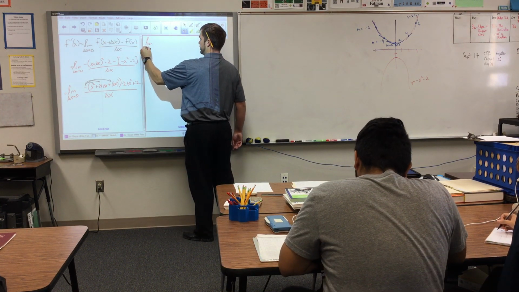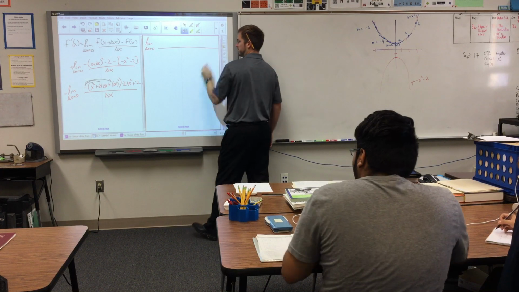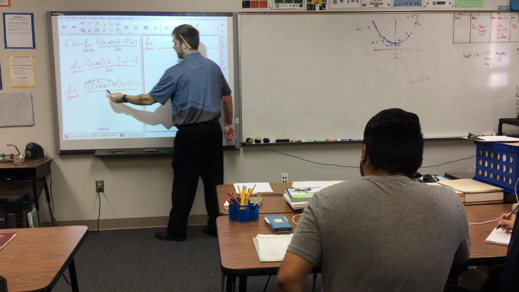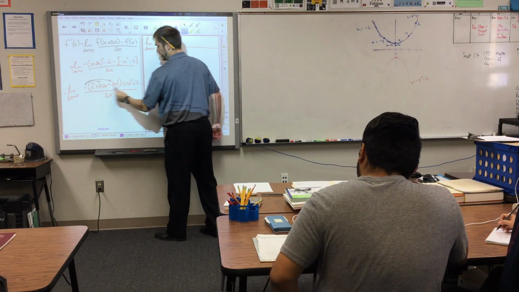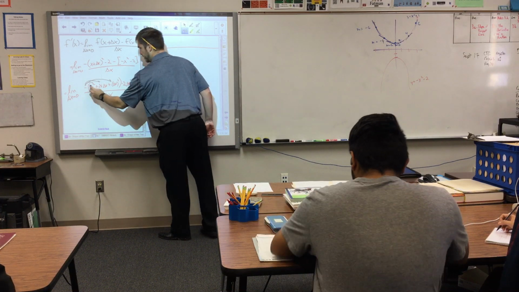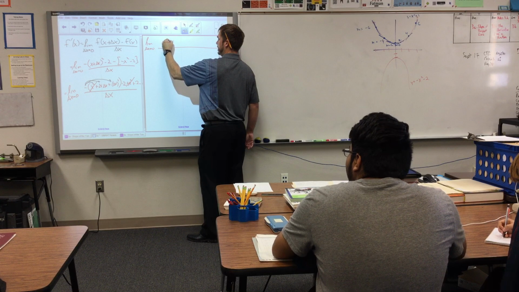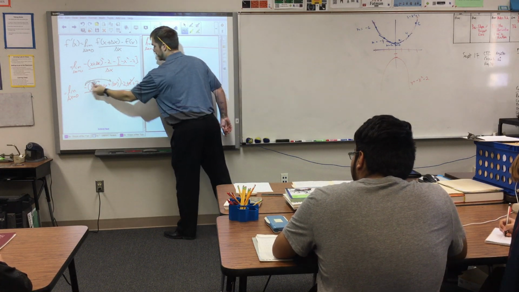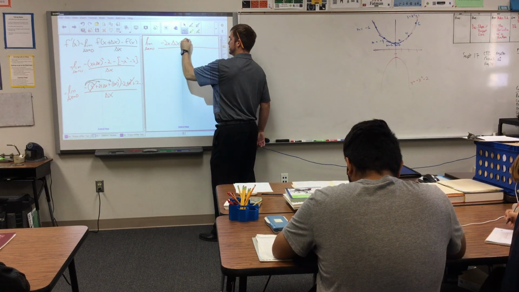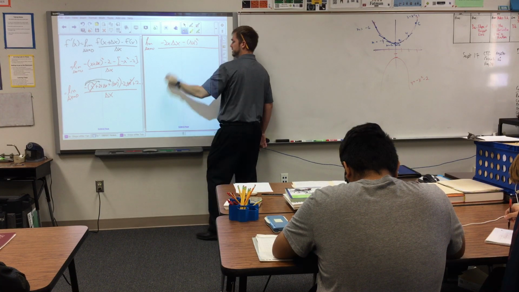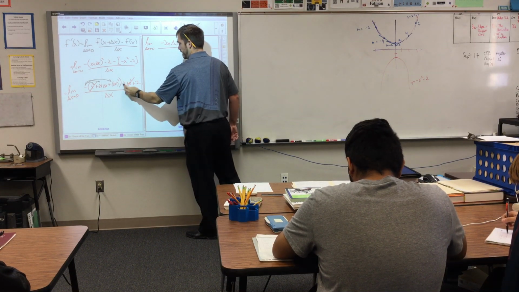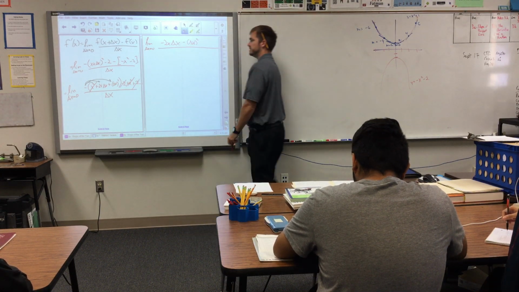So that's where you might make a mistake here. So we have minus x squared plus x squared. They're gone. Then minus 2x delta x. Then minus parentheses delta x squared. And then that minus 2 and that plus 2 cancel.